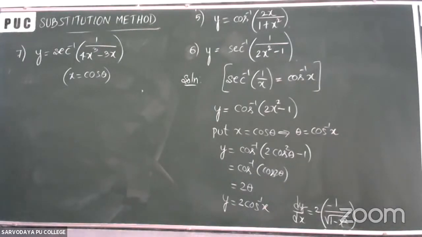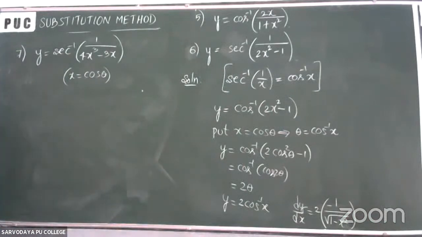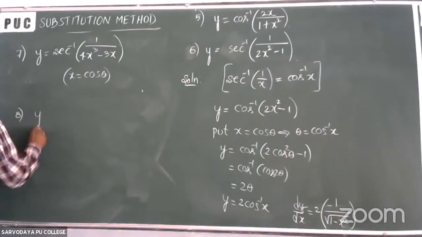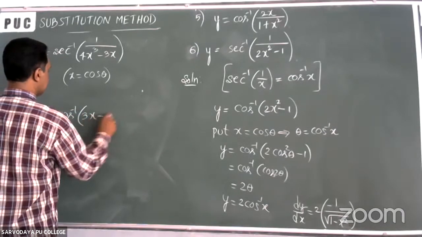Okay. Next one, y is equal to cos inverse of 3x minus 4x cube.